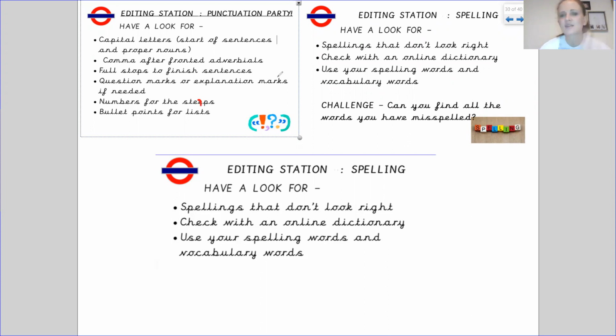For your spellings that don't look right, check with an online dictionary and use your spelling words and your vocabulary words to help you with this. And obviously finding the words that you have misspelt can be the challenge when you're looking at this. Remember that anything that doesn't look right, check online and use obviously your vocabulary words.